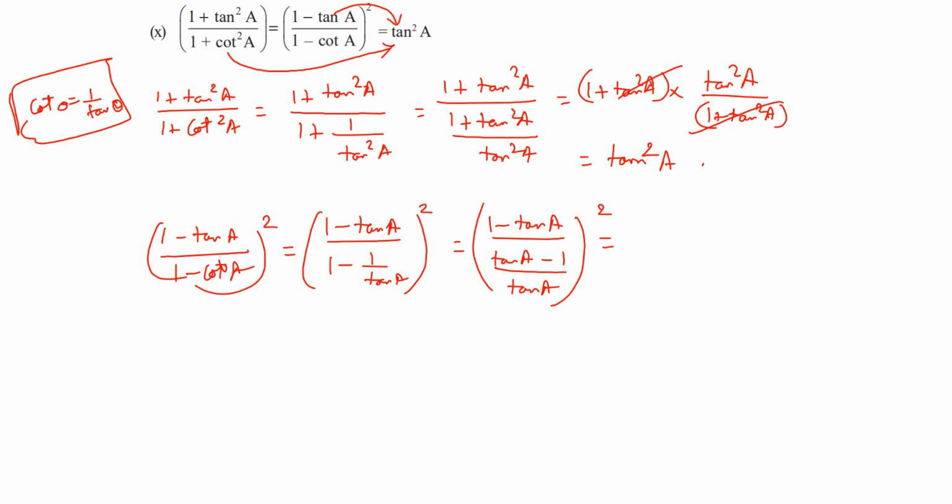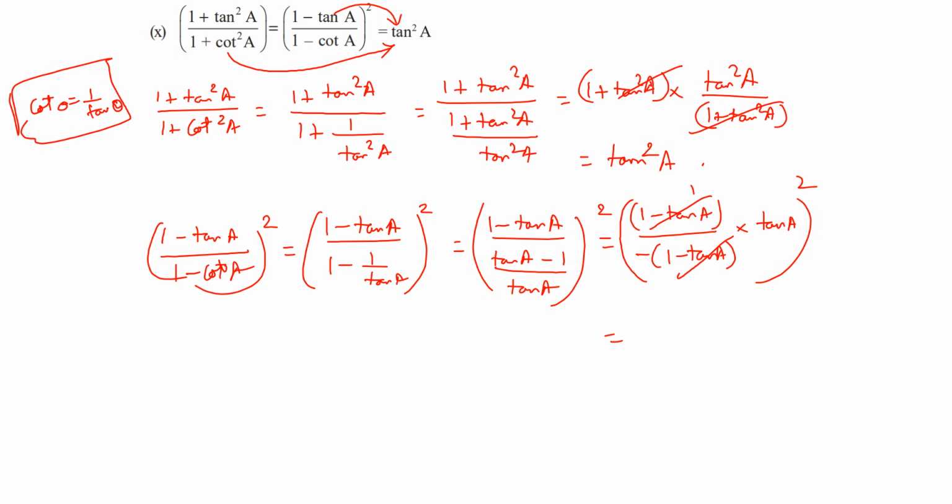So now I can't cancel this because here it is 1 minus tan A and here tan A minus 1. So I am taking minus common. 1 minus tan A divided by minus of 1 minus tan A into tan A, reciprocating it, whole square. So minus into 1 minus 1, the previous answer, and minus into minus is plus. So that's how. Now these two can get cancelled.